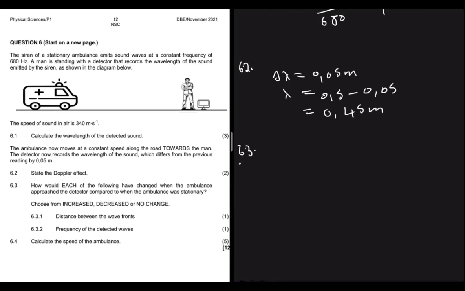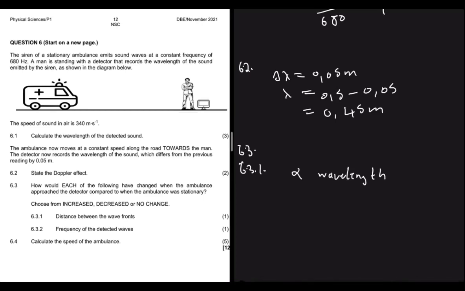And then 6.3, it says, how will each of the following have changed when the ambulance approached the detector compared to when the ambulance was stationary? And then we have 6.3.1. It says distance between the wave fronts. The distance between the wave fronts is directly proportional to the wavelength.